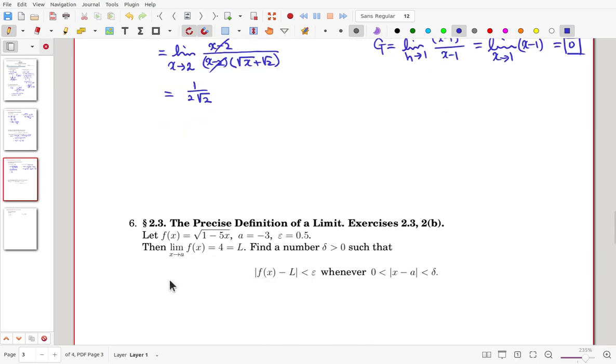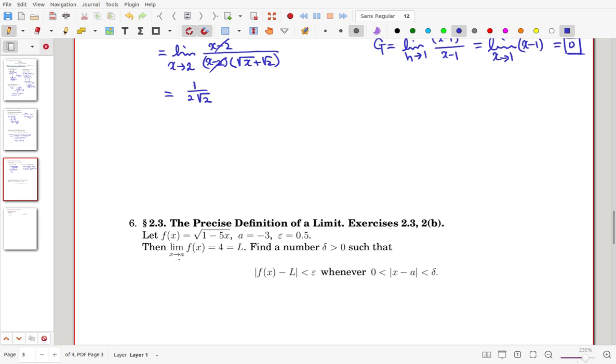Okay, number 6 is exactly the same problem as in section 2.3, exercise problem. f of x is defined to be square root of 1 minus 5x, a is minus 3, and we chose epsilon 0.5.